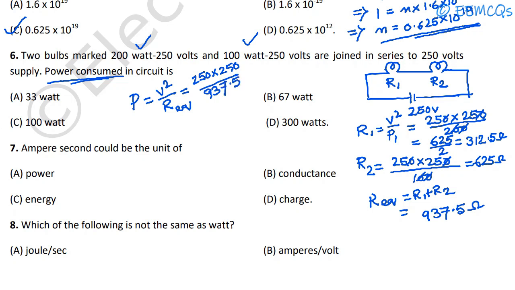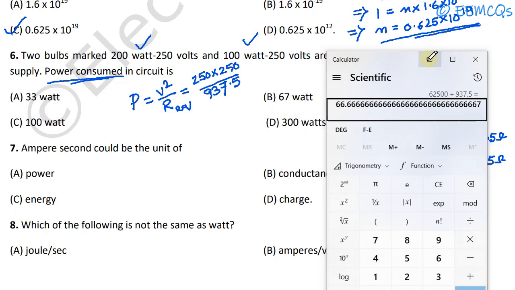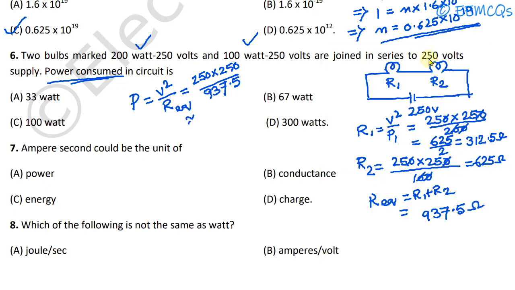This value comes to be 66.666, that means approximately equal to 66.67. That you can take as option number B, that is 67. So here the answer will be 67 watt.